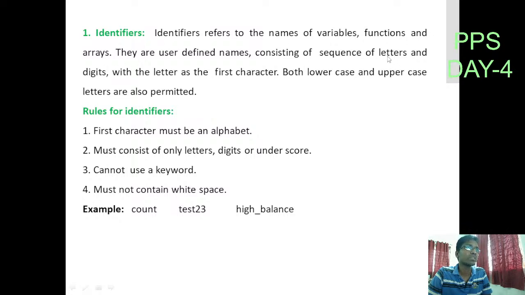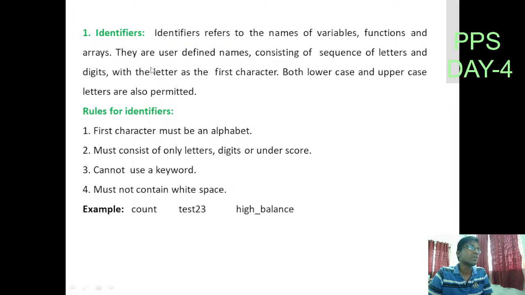Because you are using names for functions and array names when writing arrays. So all these names can be called identifiers. The identifier becomes a variable whenever you assign a value to it.